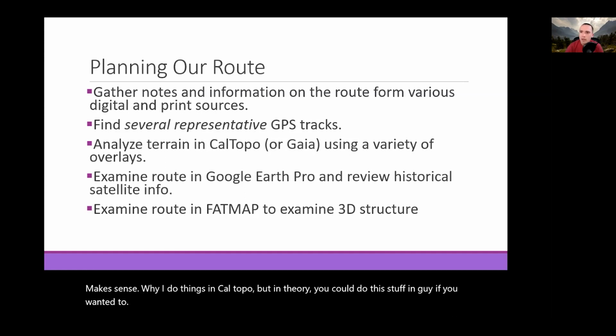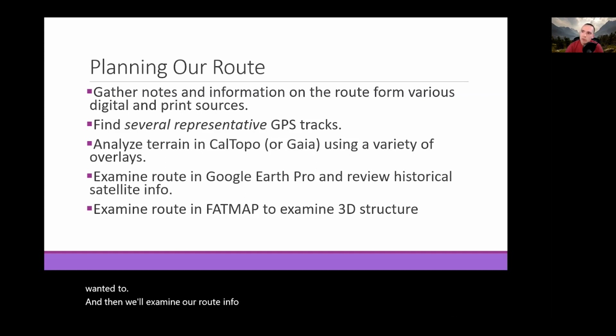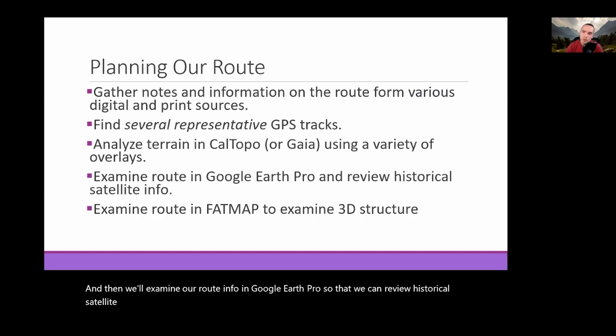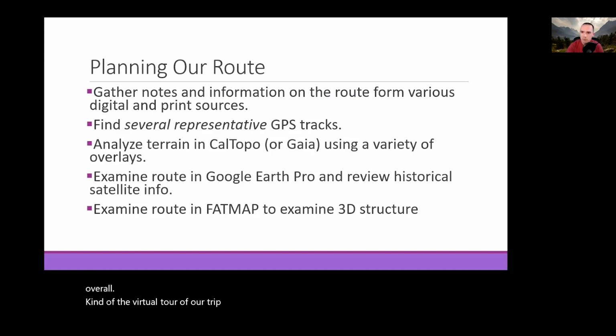Then we'll examine our route info in Google Earth Pro so that we can review historical satellite information, as well as examining our route in FatMap for kind of a virtual tour of our trip plan, if you will. Those last two things are not necessarily crucial, but they can be helpful, and so we're going to go through them.